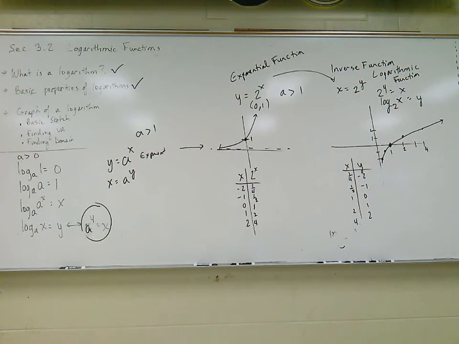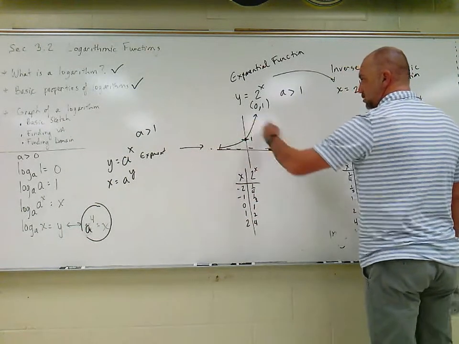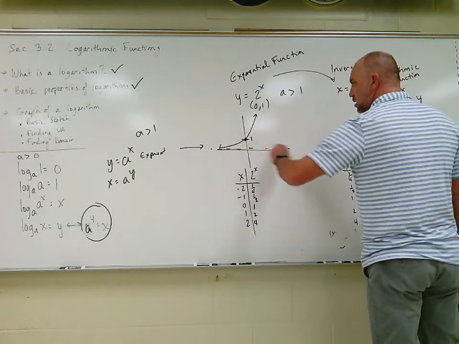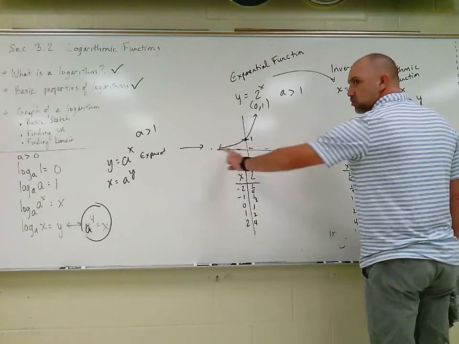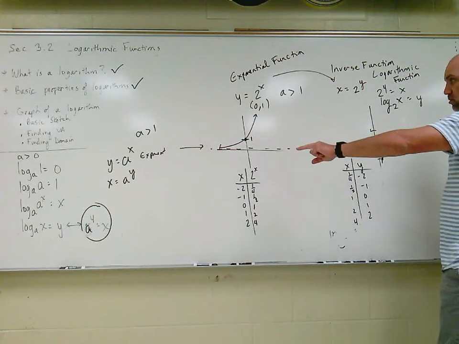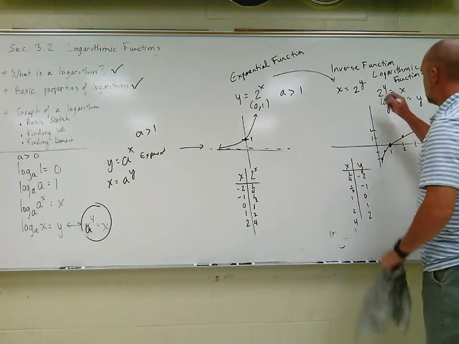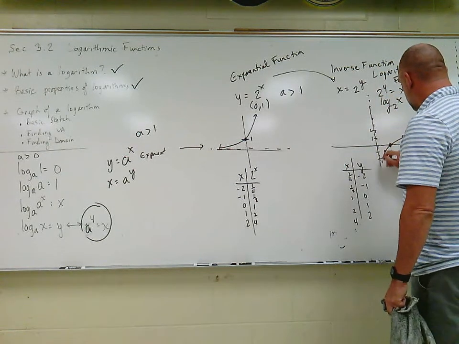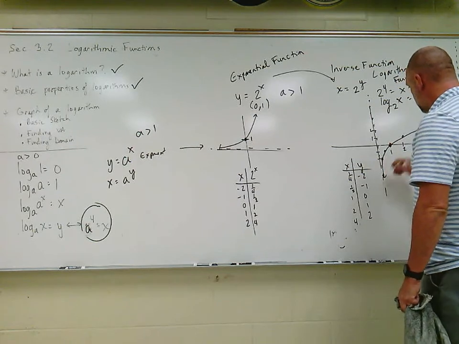Remember what symmetry you have to have if you're inverse functions? Not the origin. Y equals x, remember? Yeah, so that diagonal. So what do you think is going to happen to this horizontal asymptote? It's going to be a vertical asymptote. That's right, it's right here.